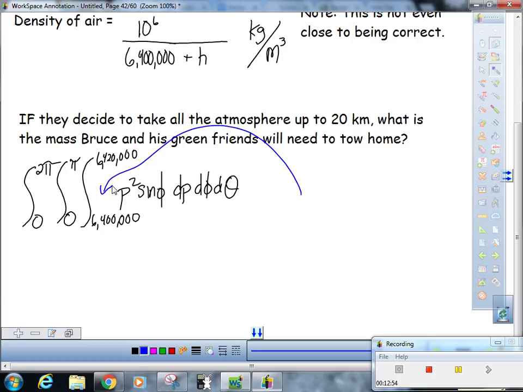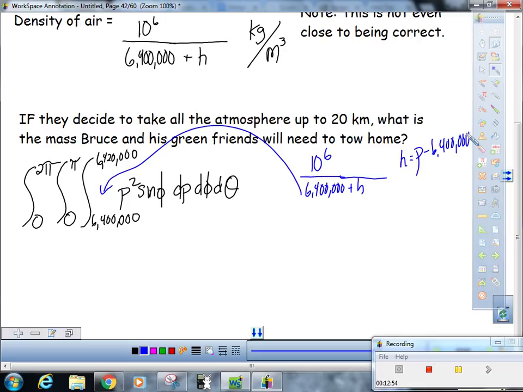So check this out. We said that's 10 to the 6th over 6 to... Okay, what's our H, though? Our H is our rho minus 6,400,000, right?